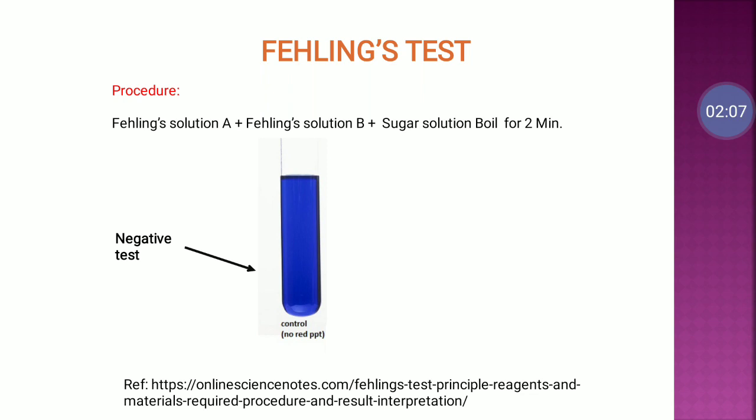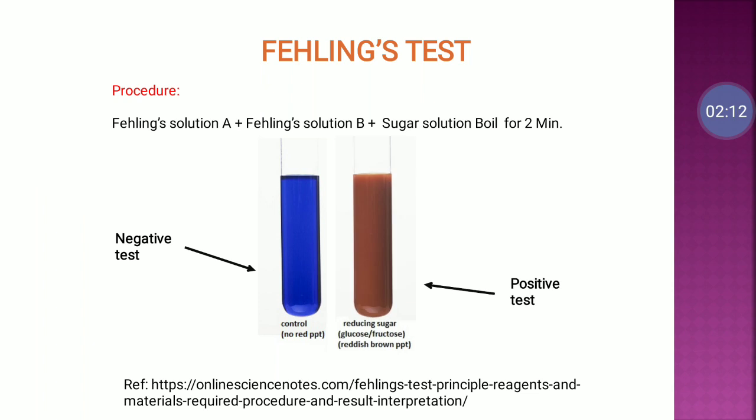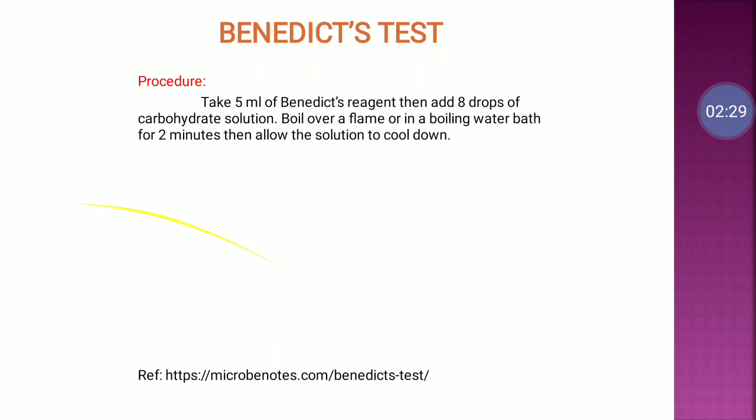If it shows blue coloration, it indicates the test is negative, and if it shows a reddish brown precipitate, the test is positive. So this Fehling's test is basically for determination of whether the sugar is a reducing sugar or not. If the test is positive, it means the sugar is a reducing sugar.